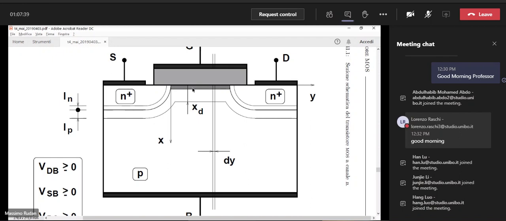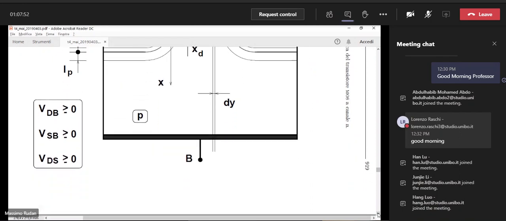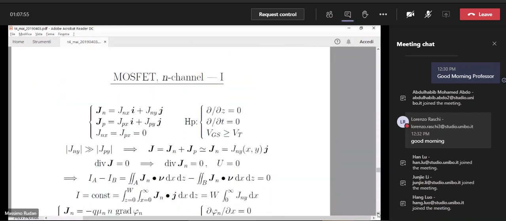So no flux of electrons or holes in the vertical direction is possible. So we eliminate immediately two of the components, those along x. Okay, so Jnx and Jpx are 0.